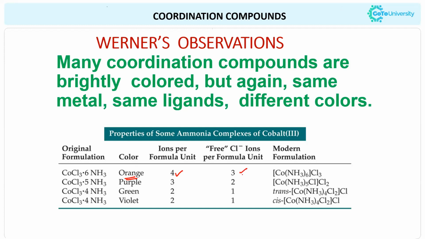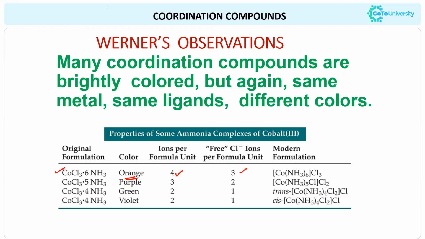When he did the experiment with this compound, he saw that there are 3 chloride ions in the sample, meaning that 3 chloride ions precipitate with silver. As I discussed before, in a coordination compound, what we write outside the coordination sphere is called the ionization sphere, right? Those can undergo ionization, but the things inside the coordination sphere cannot.